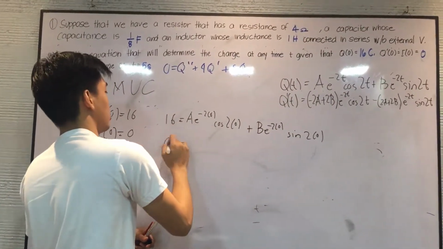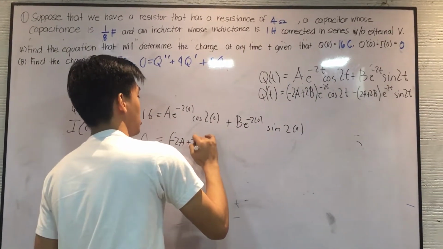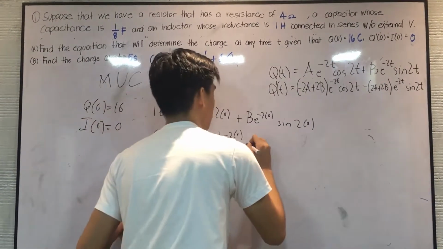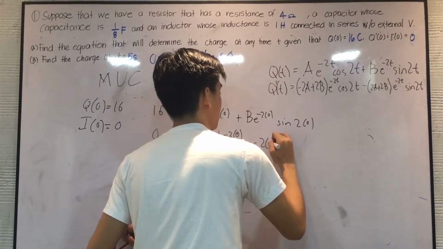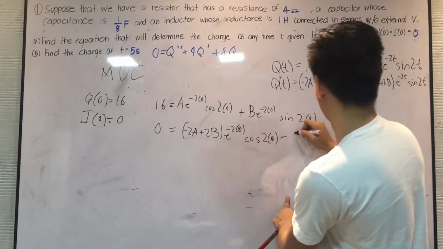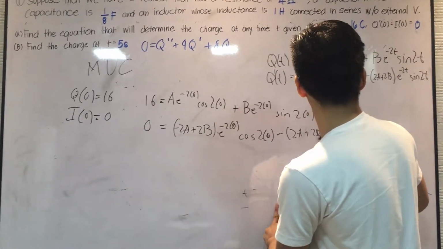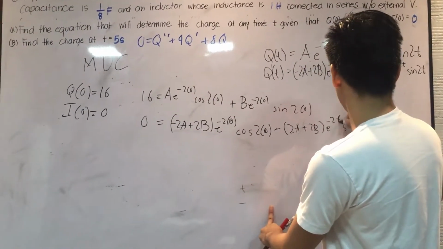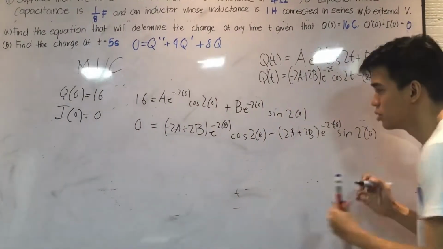And the other one, negative 2a plus 2b e^(-2(0)) cosine 2(0) minus 2a plus 2b e^(-2t)(0) sine 2(0).